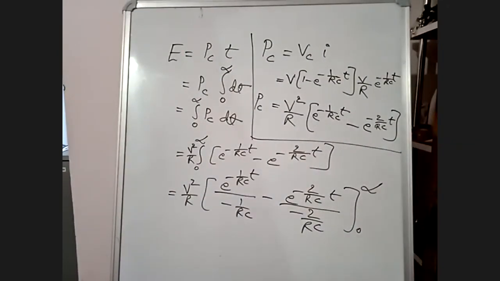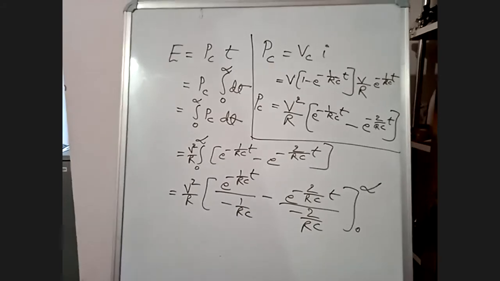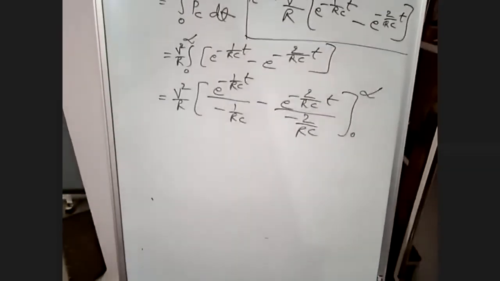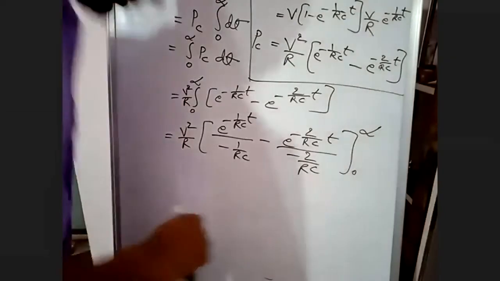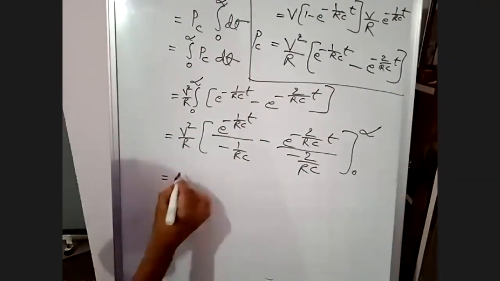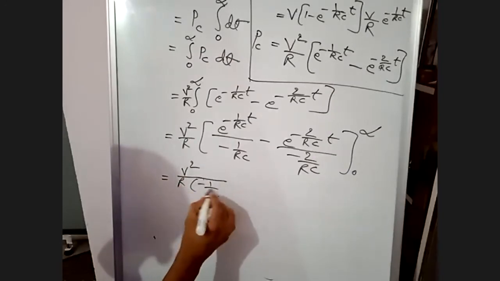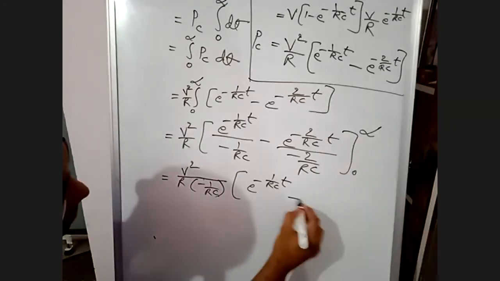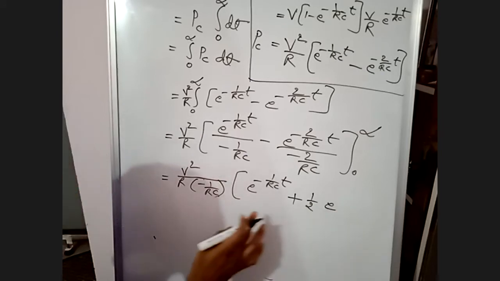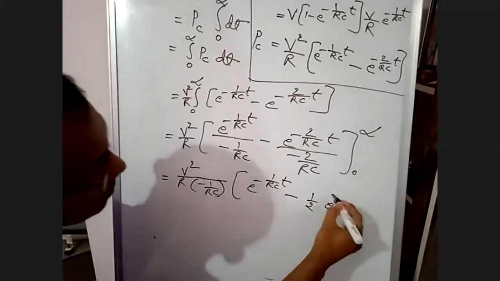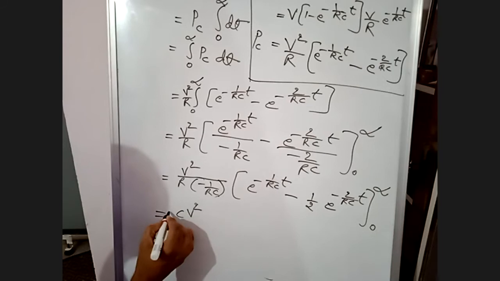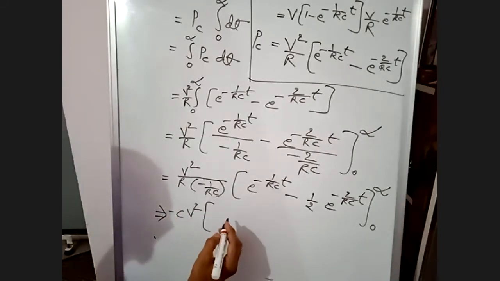Take the integration. Take this minus 1 by RC outside. Substitute the limits.